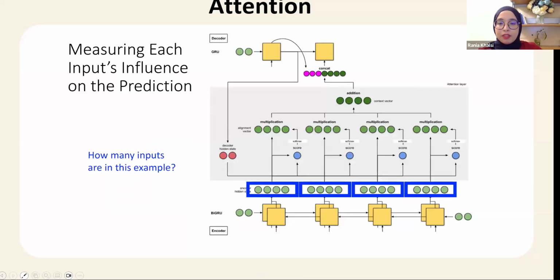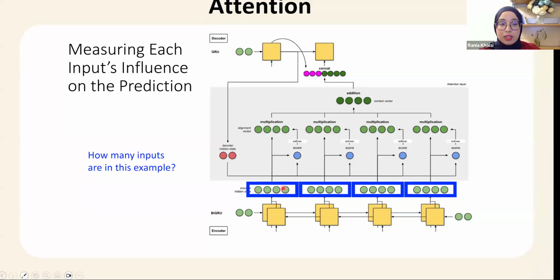Now, let's dive into the details of the first block. Earlier I focused on the point of how many inputs we have here, and the answer was 4. If we have 4 inputs, it means we have 4 tokens in our sequence.